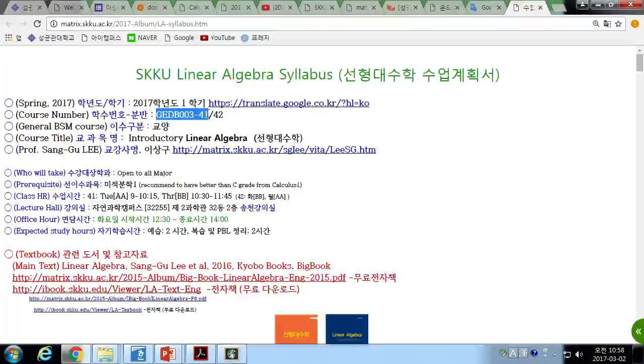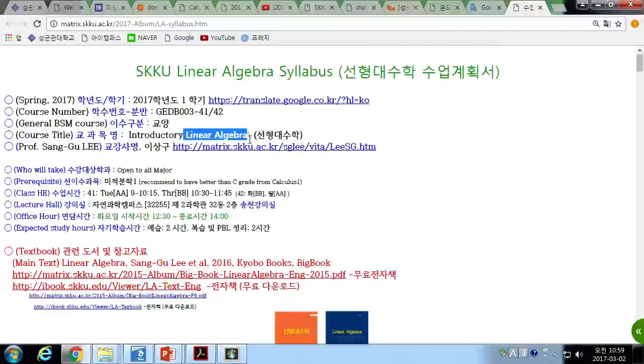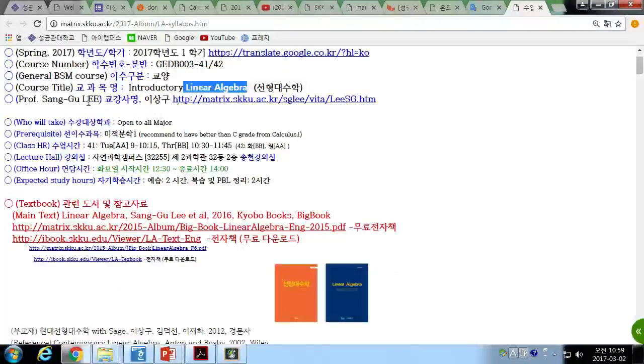The code number is this, and this is a basic science and math course. You can find the information on me from this web address.